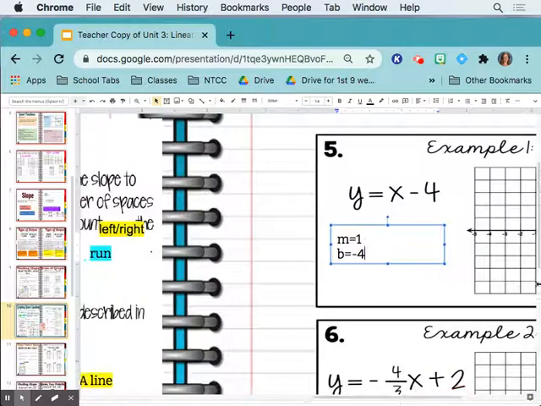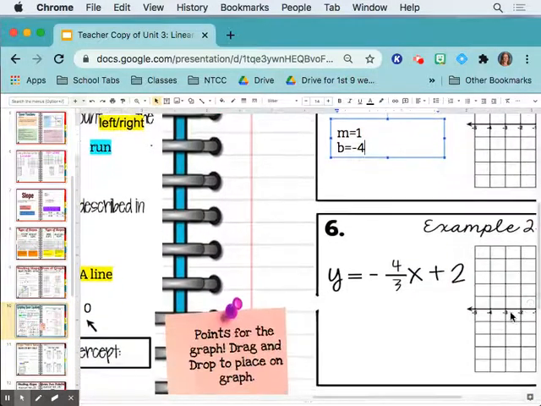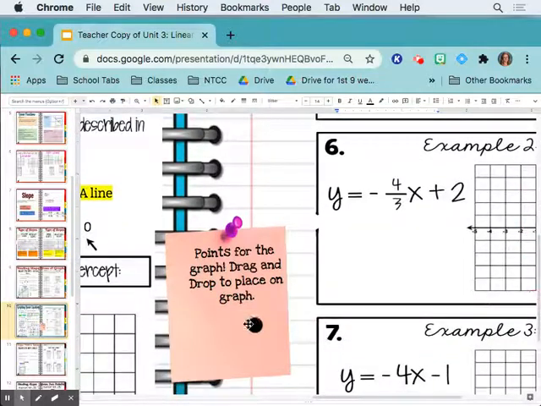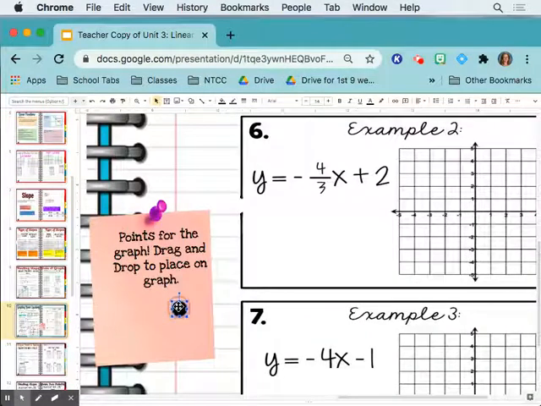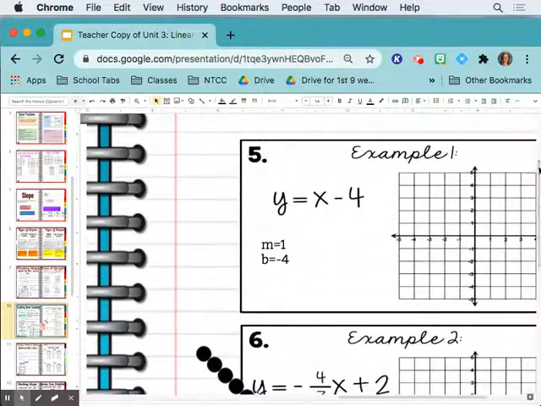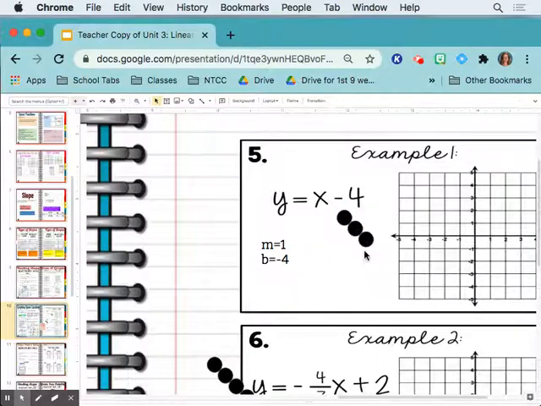I need one of these points, and I think I need to copy and paste it a few times. Control C. I'm going to get a couple of points by copy and paste.